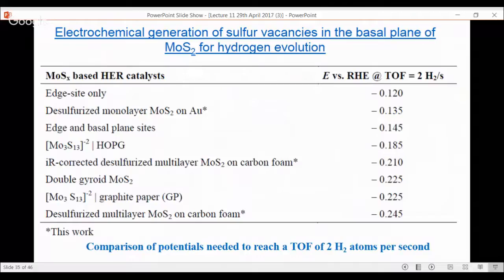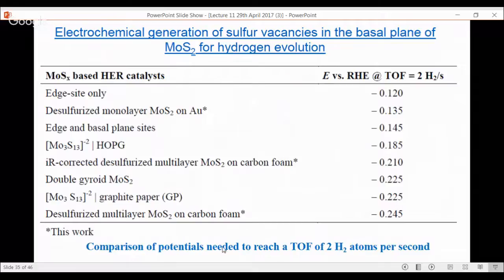You can see, depending upon the site in the MoS2 itself, when you take the edge site where the hydrogen is evolved, the overpotential is very low, 0.12 volts. Whereas if I take MoS2 on graphitic paper, the overpotential is 0.2225 volts.